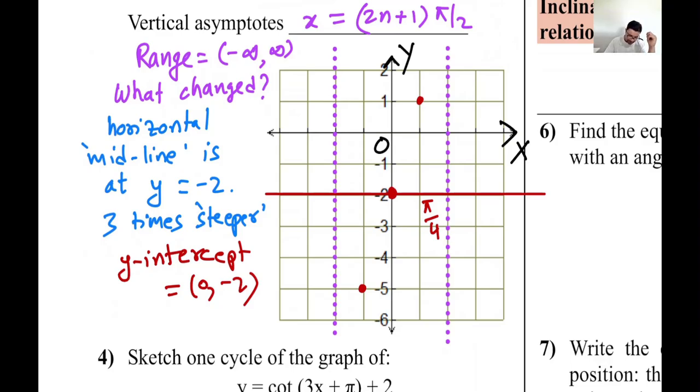So your graph will now be, I need to show it going to infinity faster.